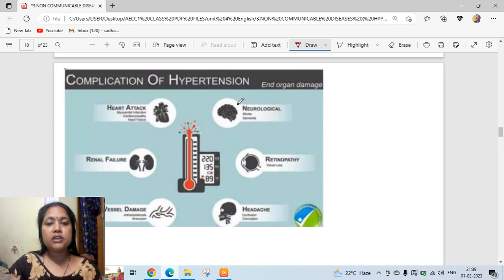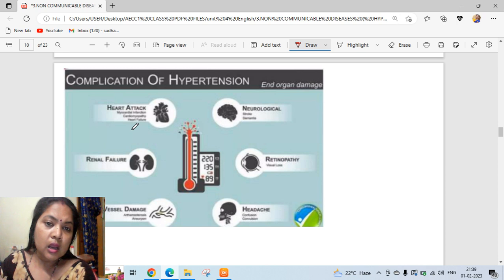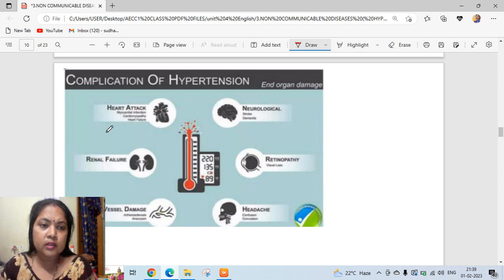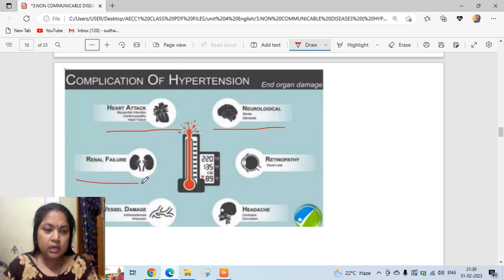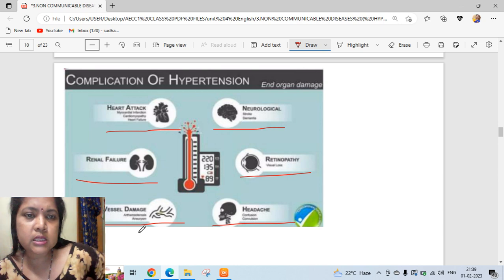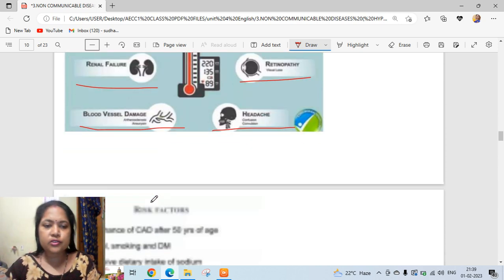Then complications of hypertension, that is heart attack, then neurological problems, then renal failure, then retinopathy, then blood vessel damage, then headache. Okay.